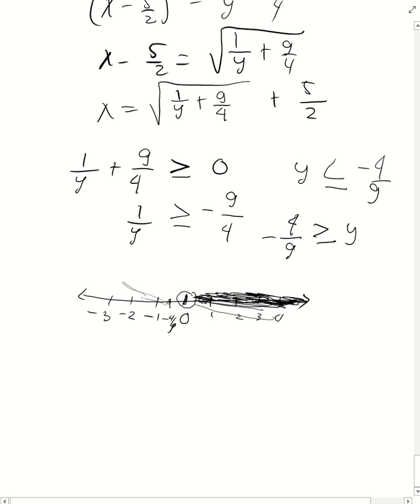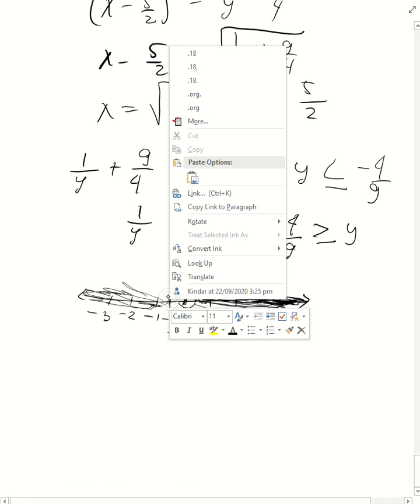Then all the values here are also part of the solution.